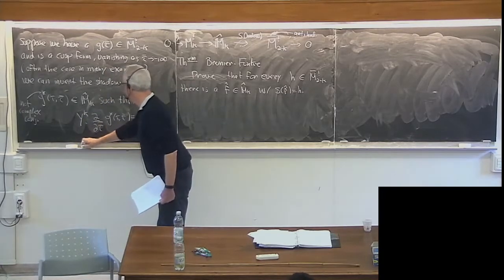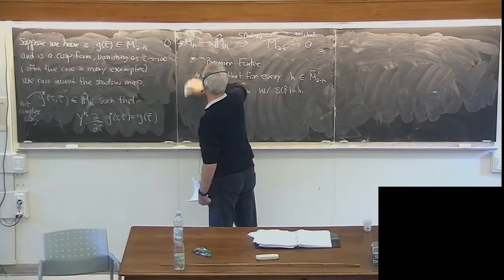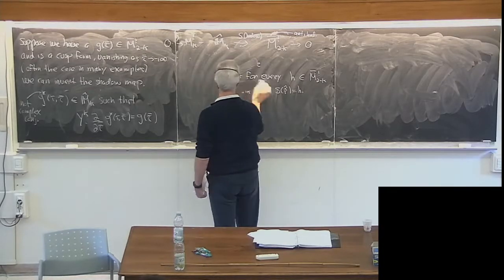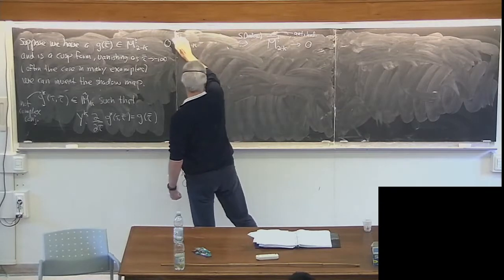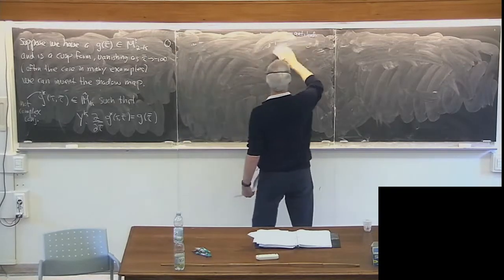So it's called G star simply because given a G, it's the thing that this shadow map acts on to give G.